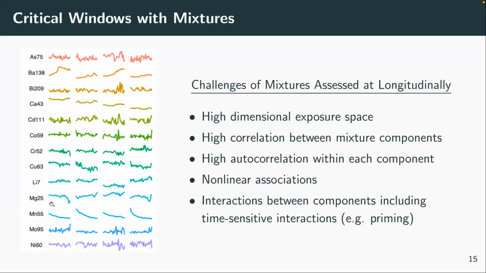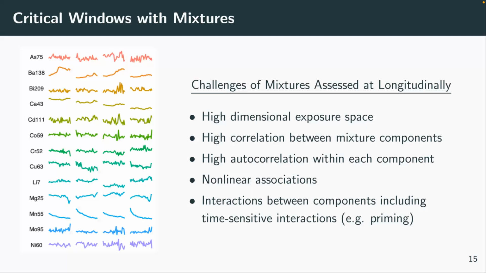We also get a complex correlation structure. There's high correlation between mixture components at each time point. That's of course what we see in all of our mixture analyses, even if we don't have repeated measures. But then we also have high autocorrelation among the repeated measures of each component. And we often have a very high dimensional parameter space as well.